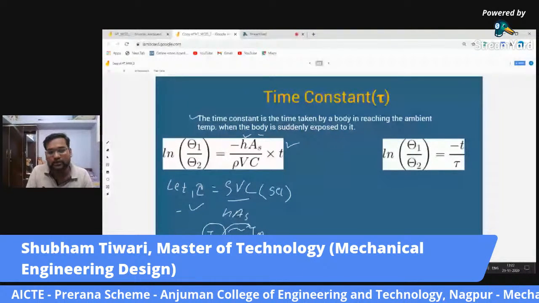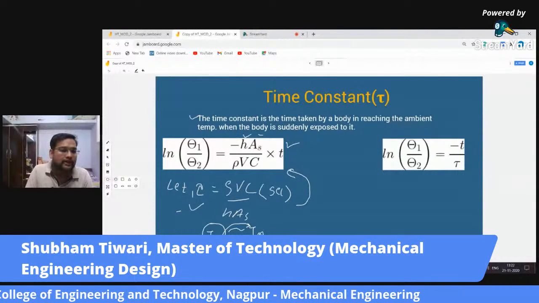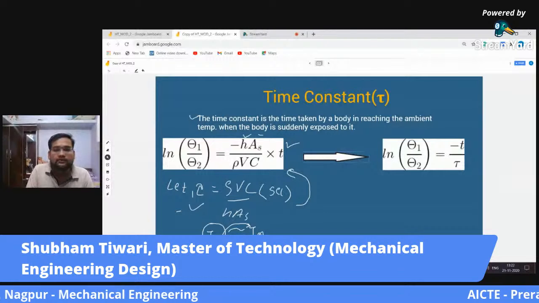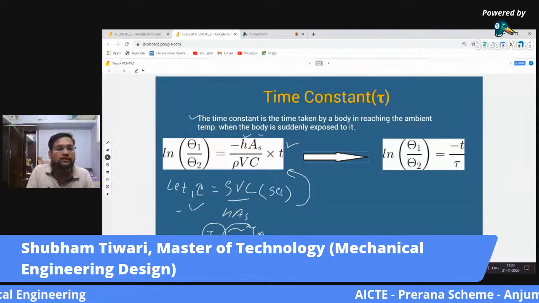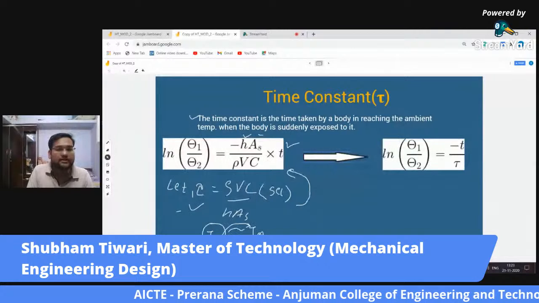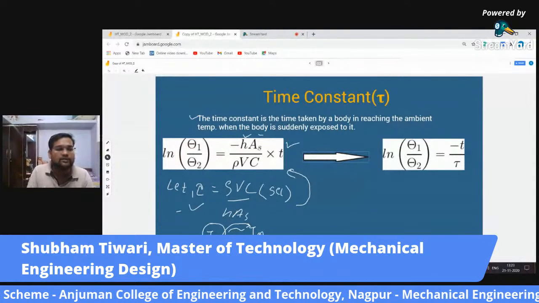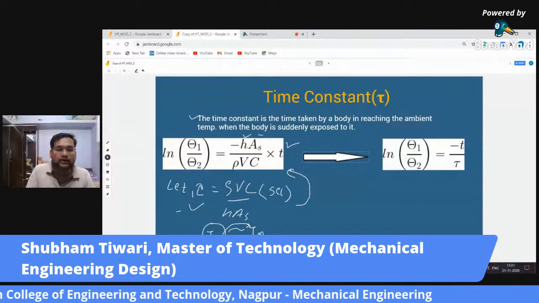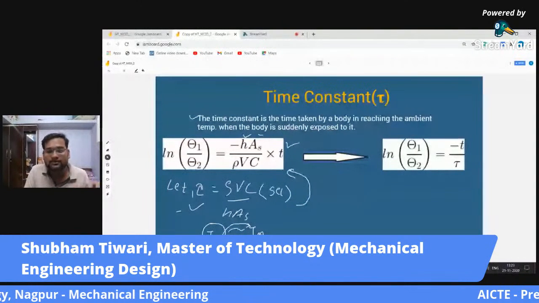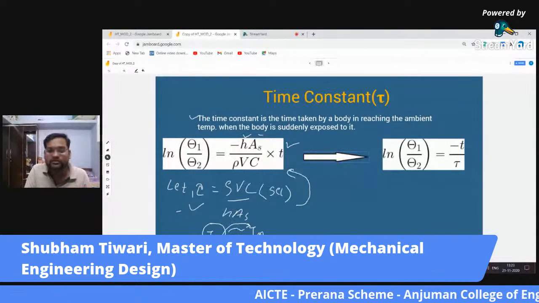So when I put this value in this equation, using ln of theta 1 by theta 2 equals minus hAs upon rho V c into t, and putting the value of time constant tau, we can obtain a new equation purely in terms of time constant, which is ln of theta 1 by theta 2 equals minus t by tau.